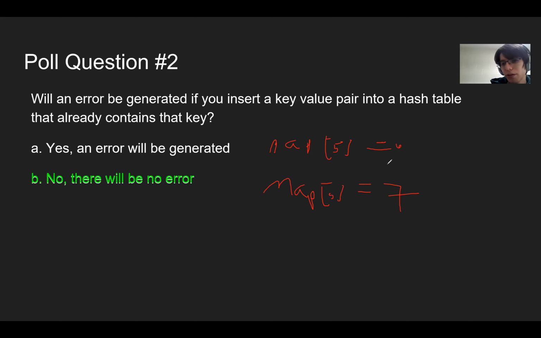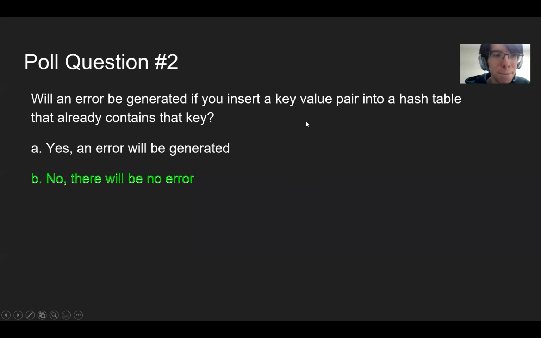What's going to happen is at first, the map is going to have the pair 5, 6. But once it gets to the next line, it's just going to replace this, because you can't have duplicate keys in a hash table. It's going to look like this, and it's just going to replace this. Okay. But there's no error with that. There's no problem. Okay. Cool.